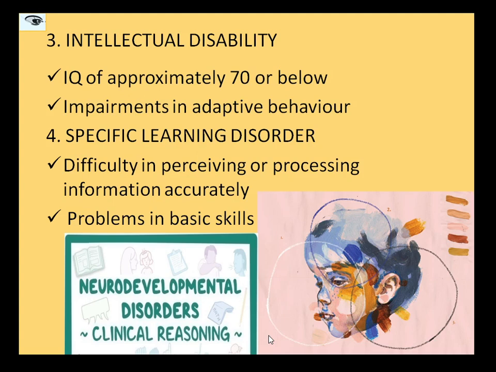And the third that we are going to be doing today, and of course also the fourth one, it is the intellectual disability and it is the specific learning disorder. So when we talk about the very first one, the intellectual disability, you can see it very well on the screen that it is talking about, of course, number one, the IQ, which is the intelligence quotient, and it is talking about the impairments.